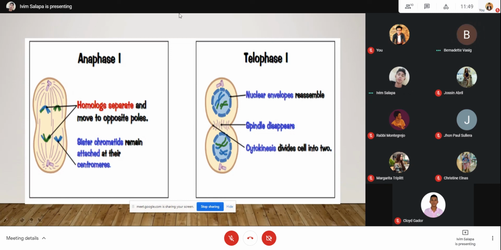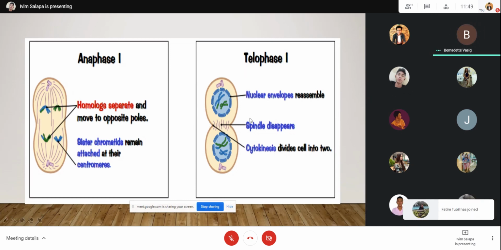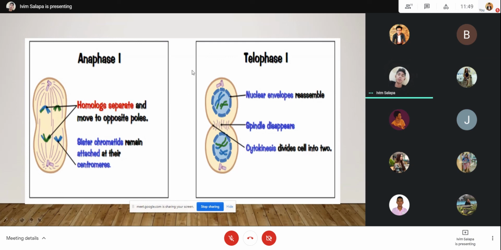Because during the production of daughter cells, mitosis produces daughter cells having the exact copy of the mother cell, while meiosis produces four haploid daughter cells which consist of 23 chromosomes each. But do not use the number of chromosomes.